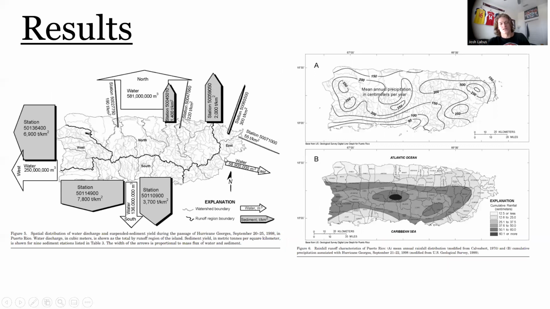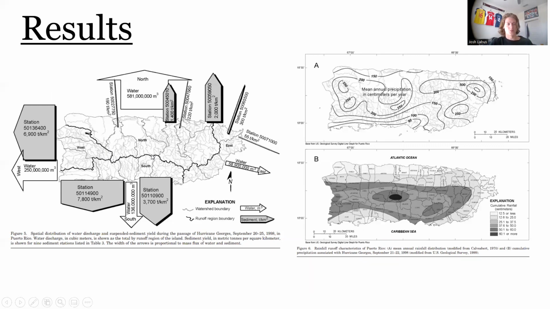So going into the results, this graph on the left-hand side is going to be the most important, I think, to visualizing the situation Puerto Rico is in right now. Just to focus on something I brought up in the beginning, the watersheds. If you look here on the left-hand side, these dark black lines are the watersheds.